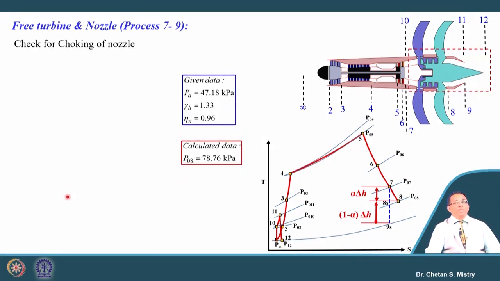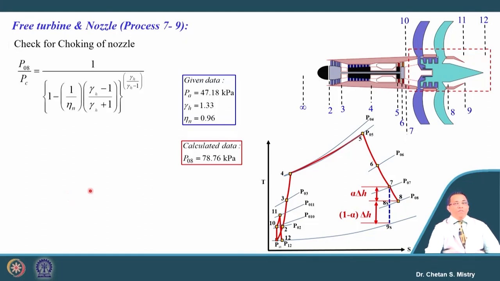Now, the process here is for the nozzle. We need to calculate the outlet pressure from this nozzle, and the very first thing we need to do is calculate the critical pressure or critical pressure ratio, because that will help us understand whether the nozzle is choked or unchoked.